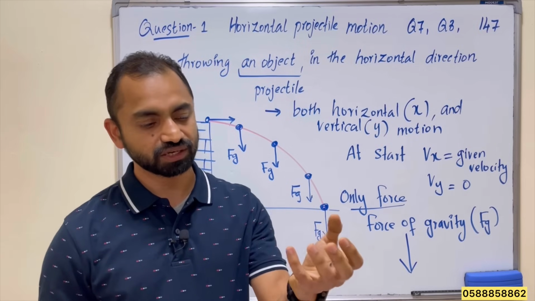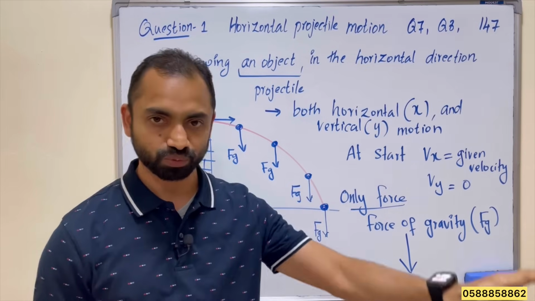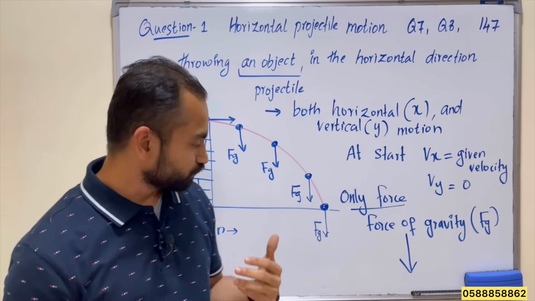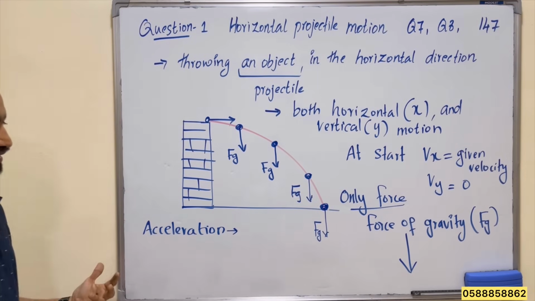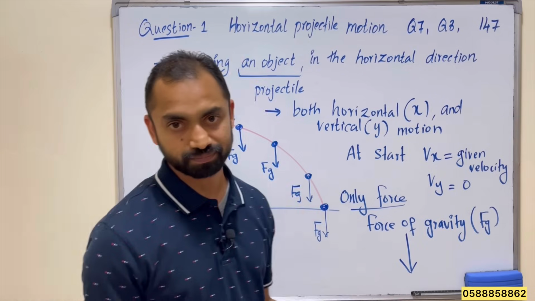Acceleration is the child of net force. If net force is in the downward direction, acceleration will be in the downward direction. If net force is in the upward direction, acceleration will be in the upward direction.